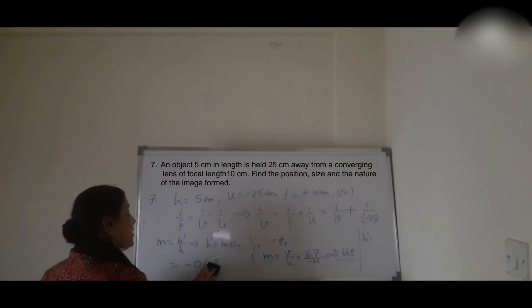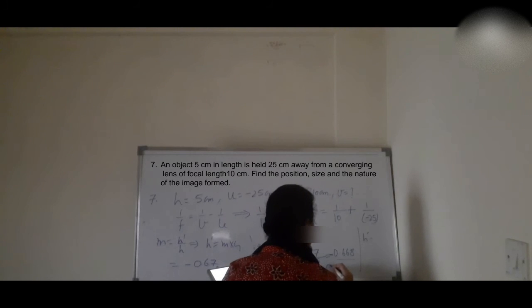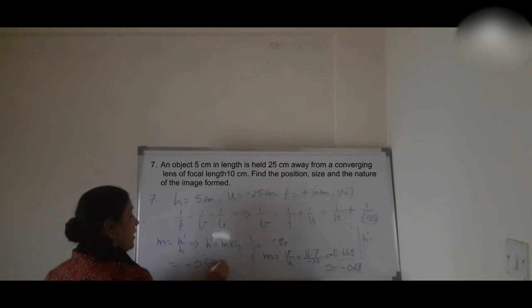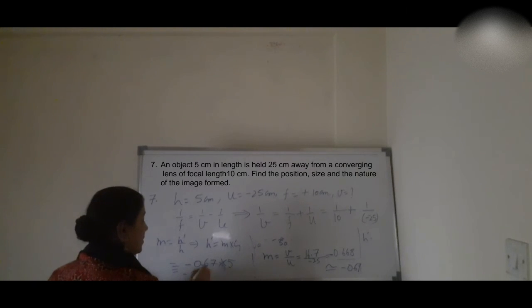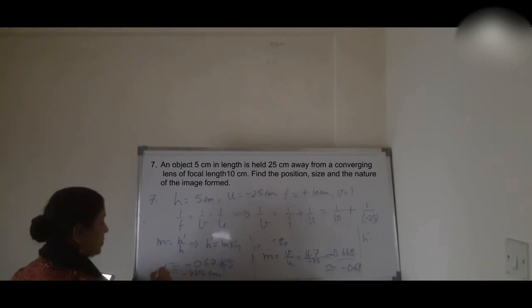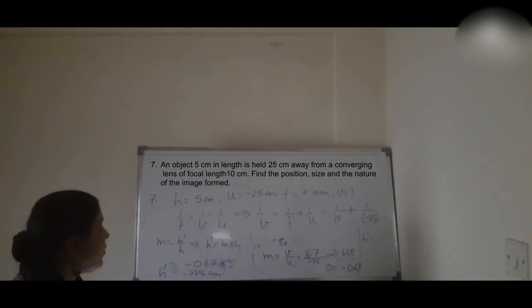I'm taking 0.67 here, approximately equal to minus 0.67, into h was 5. So into 5, that is minus 3.35 centimeter.